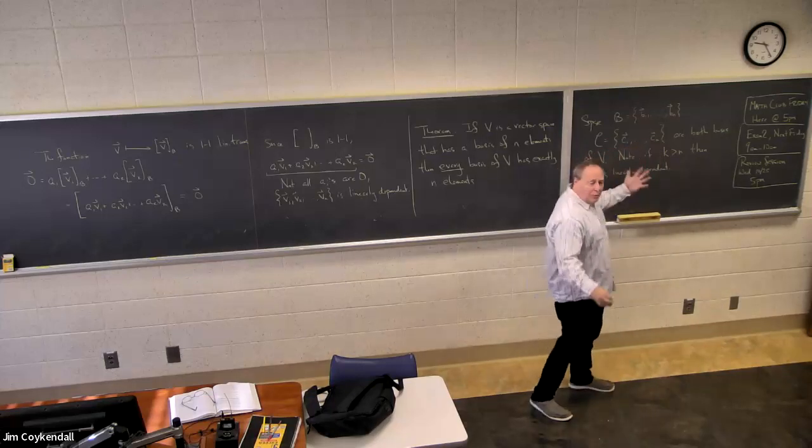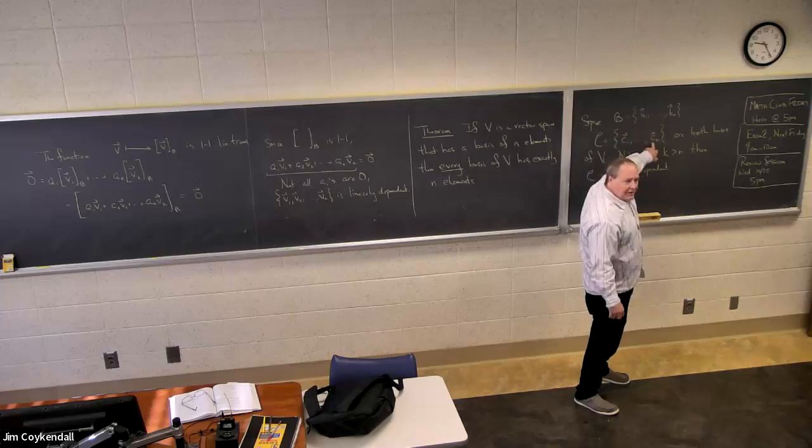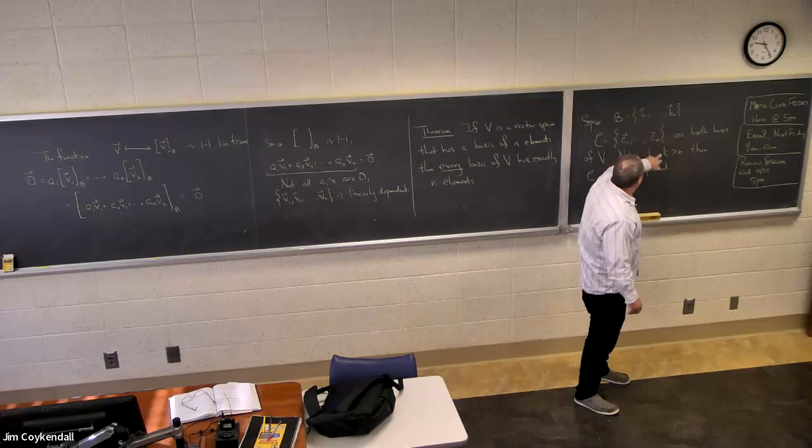Everybody agree with that? That's what the previous theorem said. I've got a basis of n things. If this is bigger than my basis of n things, it has to be linearly dependent. Agreed? So this can't be bigger than n, right?